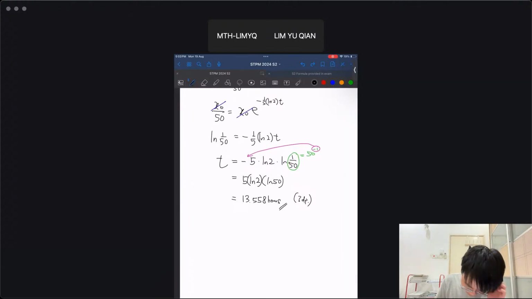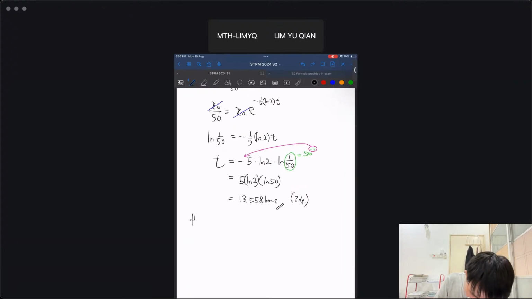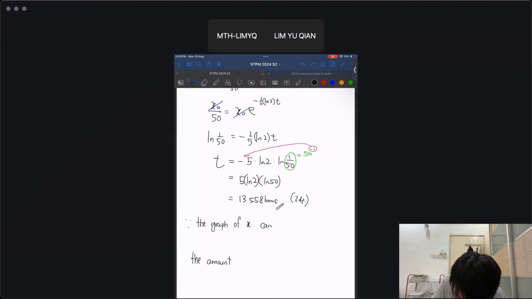We must tell a reason first, because the graph of x will never intersect with the x-axis, or in simple language, it can never be zero.